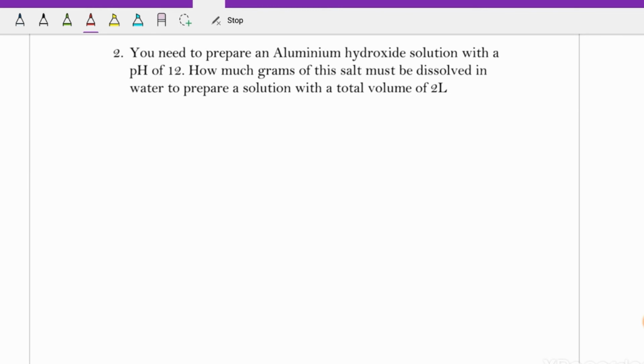example for pH calculations. So they're asking you to prepare an aluminium hydroxide solution. Okay, and they're asking you to prepare it with a pH of 12. So the question is, how many grams, so what is the mass of the salt that you have to dissolve in water to prepare a solution with a total volume of 2 liters?